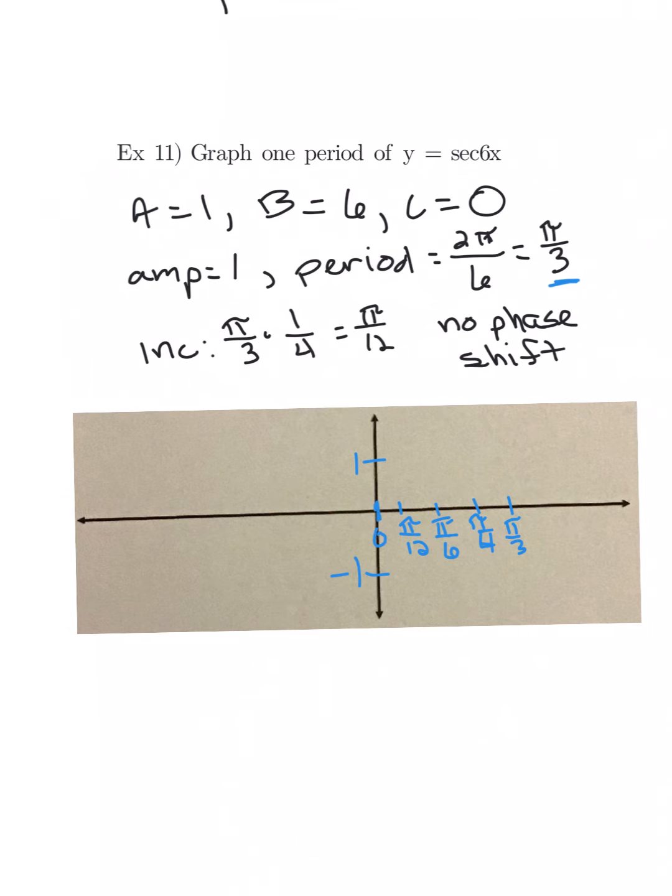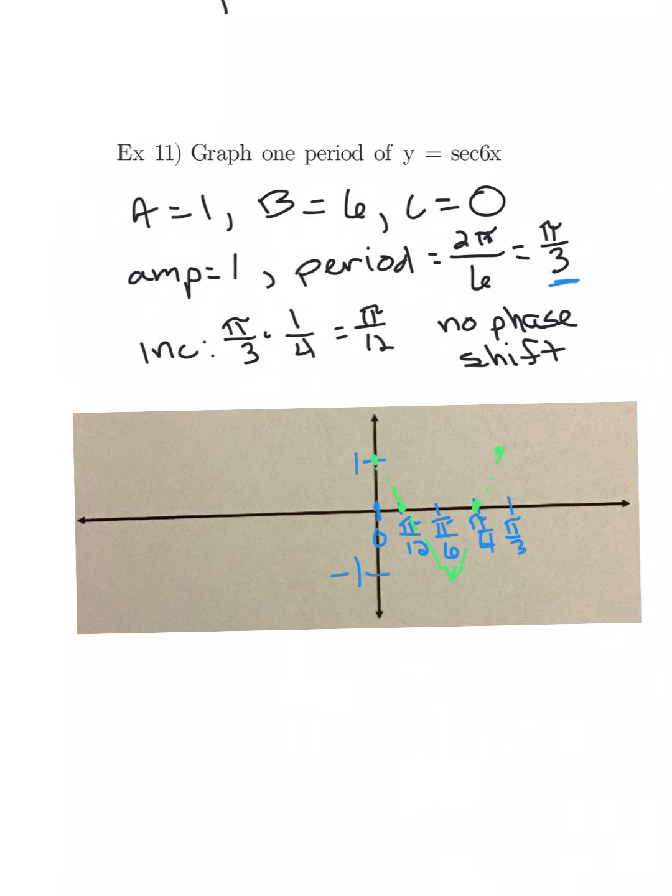So the first thing we're going to do is sketch a cosine, which starts up at 1, goes to 0, down to -1, back up to 0, back to 1. So here is your cosine graph.